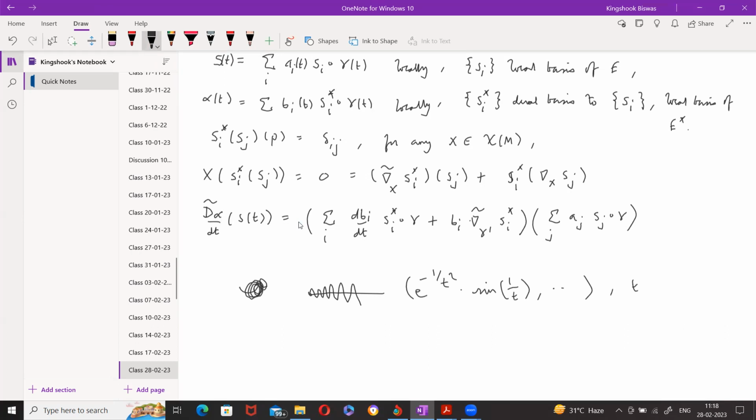But this is for t not equal to 0, and you just put it to be 0, 0 for t equal to 0. So yes, curves don't have to have good behavior where their derivative vanishes. They could have infinitely many intersection points, self-intersections nearby.